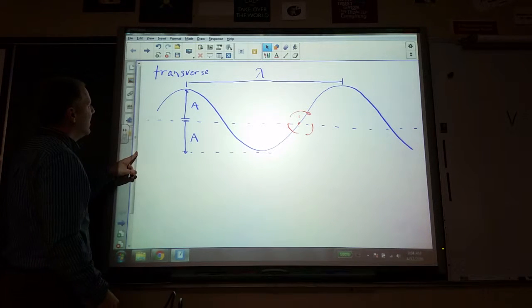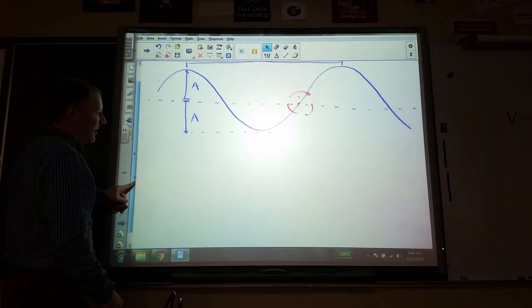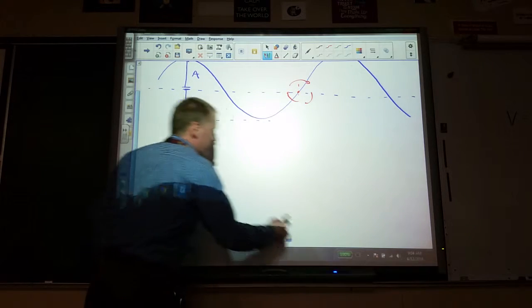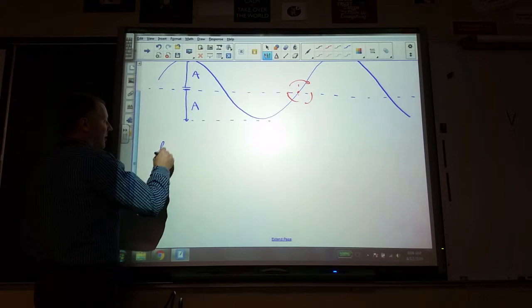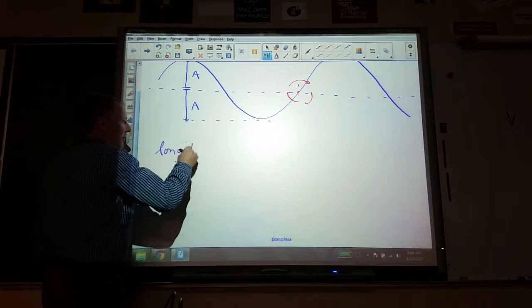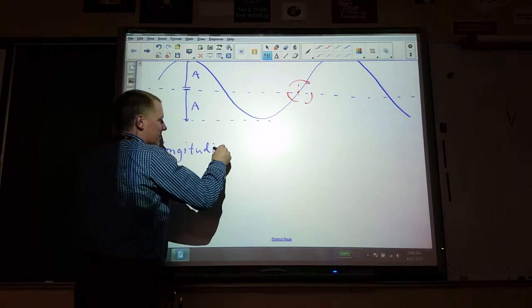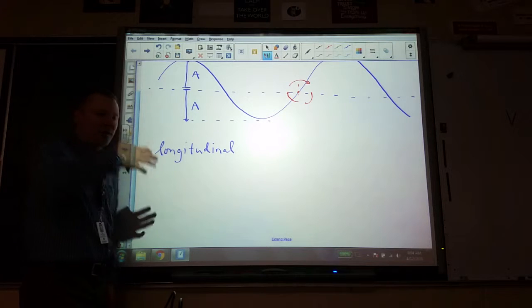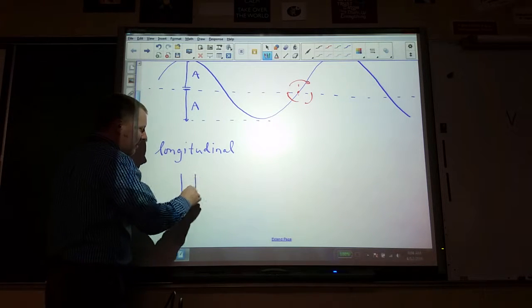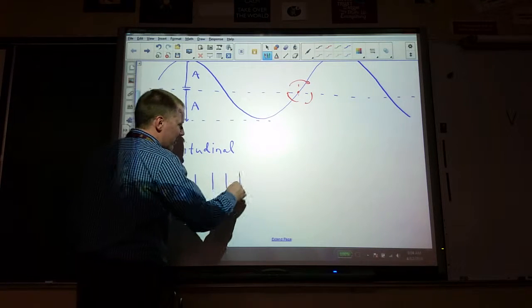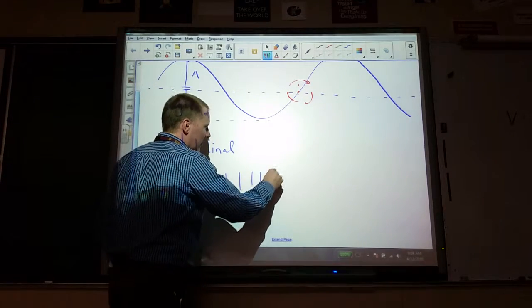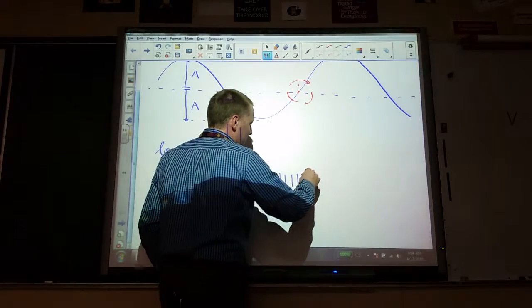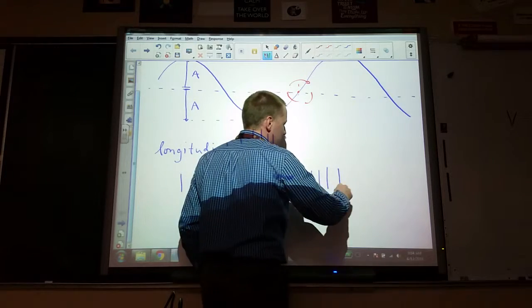Now, the longitudinal wave is tougher to draw. There are a few different ways to draw it. One way is just with some vertical lines. So you've got some places where it's stretched out, leading to some places where it's squished together, and then it stretches out again.